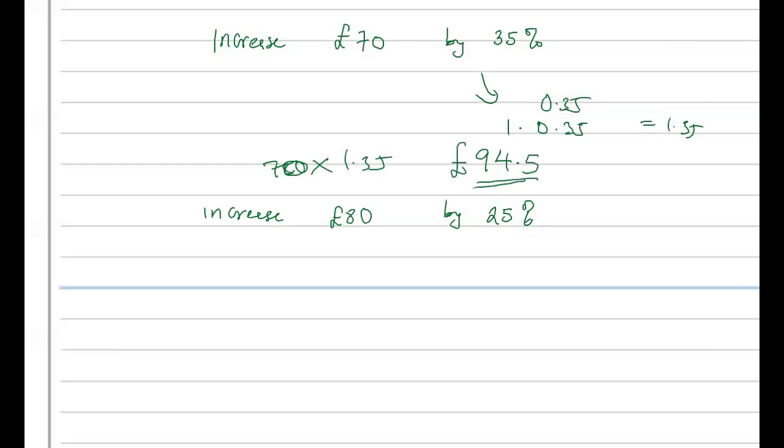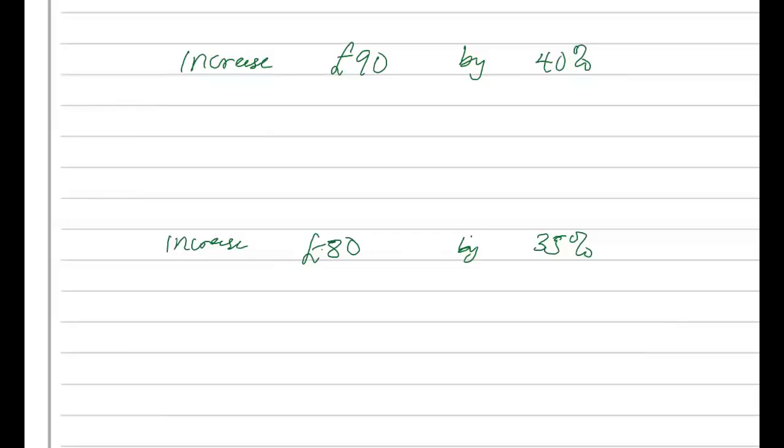So do the second one now. 90 times 1.4 is 126. For the second one, 0.7 times 80, what do you get? 108. Correct, 108.